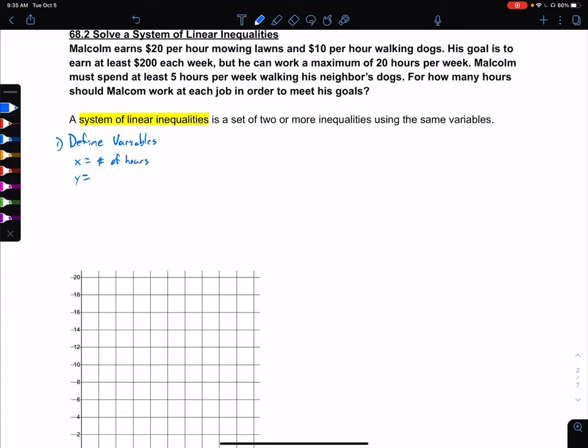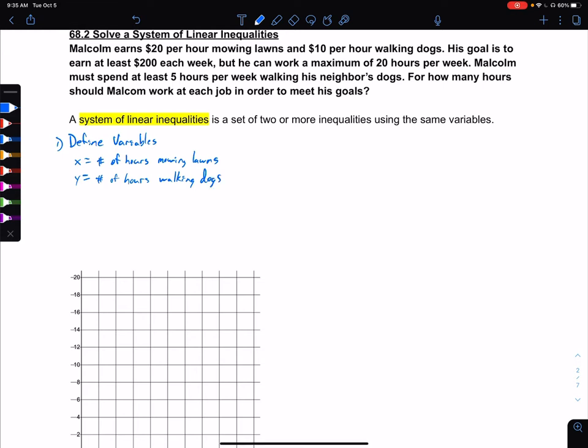We have two jobs, mowing lawns and walking dogs. So x would be the number of hours mowing lawns, and y would be the other job, the number of hours walking dogs. All right, so those are our two variables.